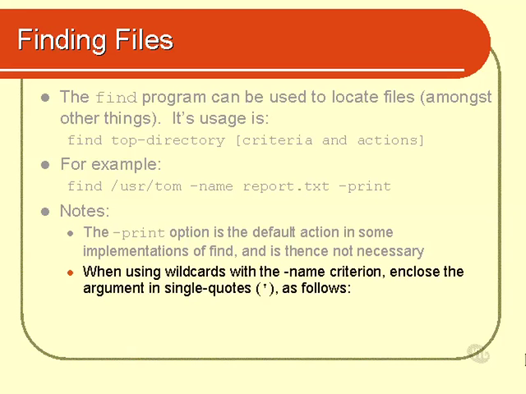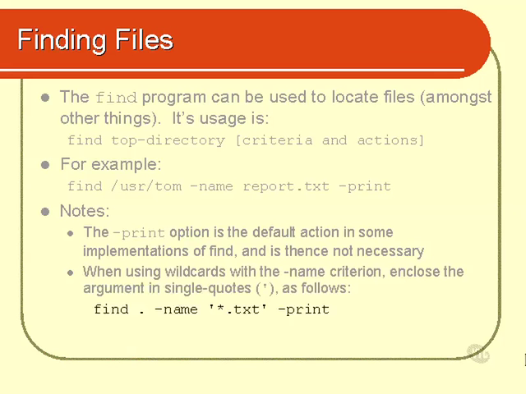Now, this is a very, very important option. When you're using wildcards to specify the name of the file that you're looking for, you must, absolutely must, enclose that argument in single quotes, as follows. Let's say we're finding in the current directory and all subdirectories files that are named star.txt. That bit, the star.txt, must be enclosed in single quotes.